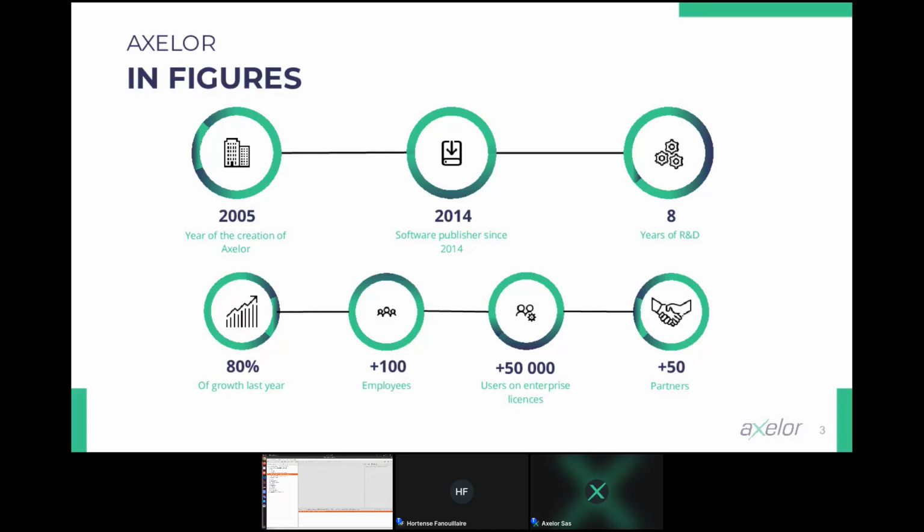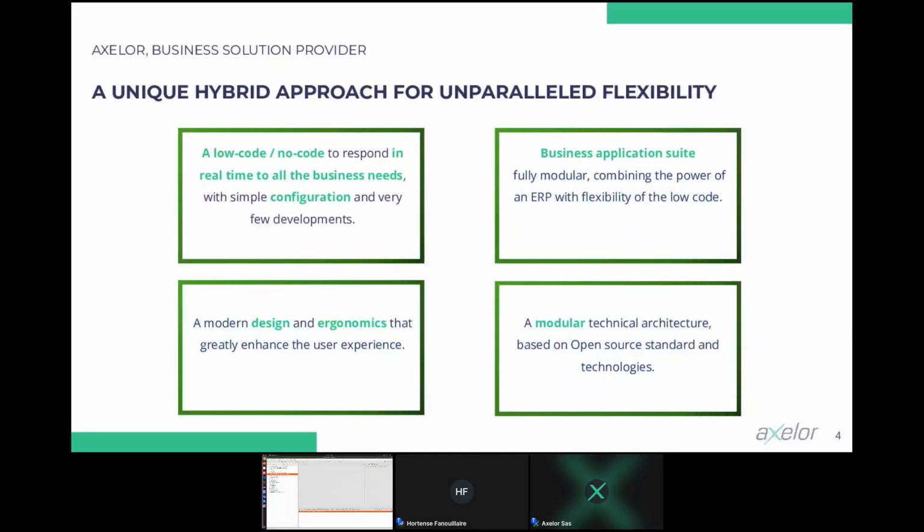Plus we have different partners around the globe, which helps us to extend the solution. To explain why we are different from other ERPs, first, Axelor is a low-code platform that can be easily adapted to different business needs and companies. We have a general ERP that can cover different activities and sectors.